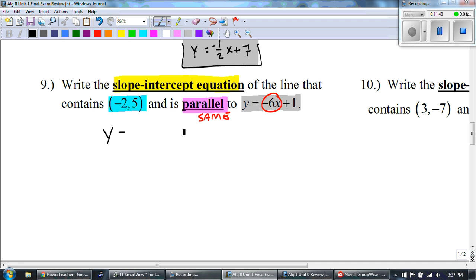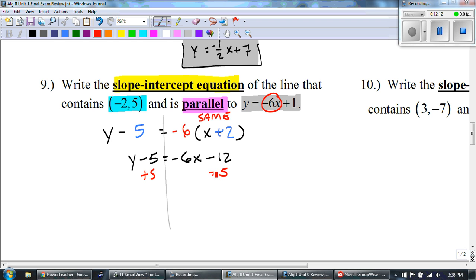So when I plug into point slope, I can do that right away because I know my slope is -6. Okay, and then the y goes with the y, x goes with the x, and I feel like I've done this for 5 years already on this page. We distribute, and then we add the 5 to both sides. Okay, so we get y equals -6x minus 7.